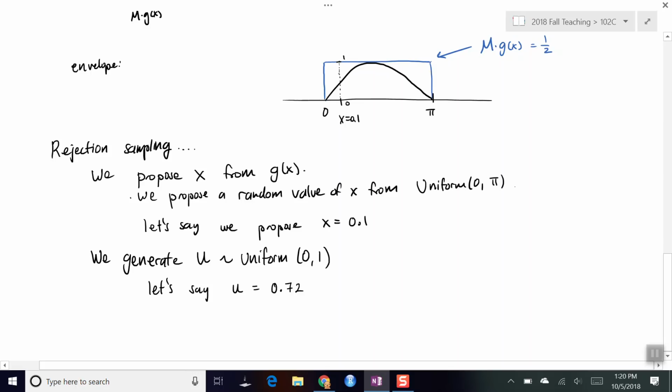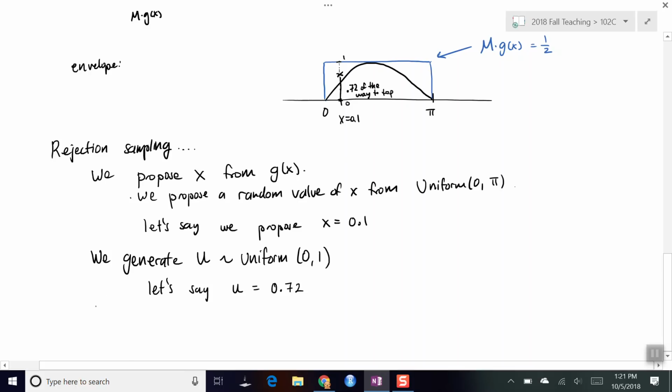And so we're going to basically throw a dot right here at 0.72 of the way from the bottom to the top. Does that make sense? Okay, so this is 0.72 of the way to the top.